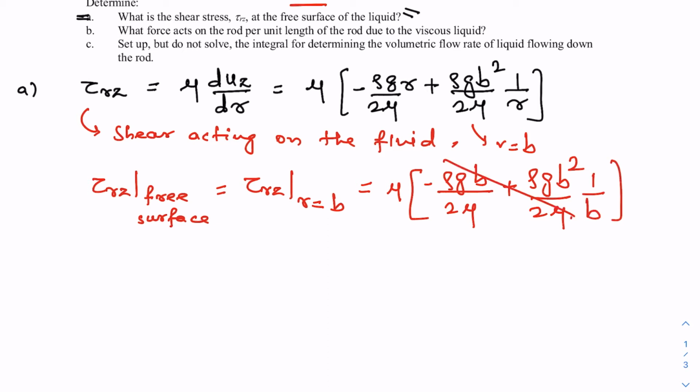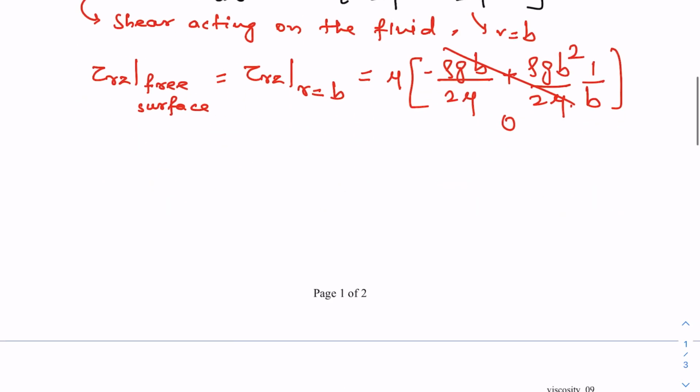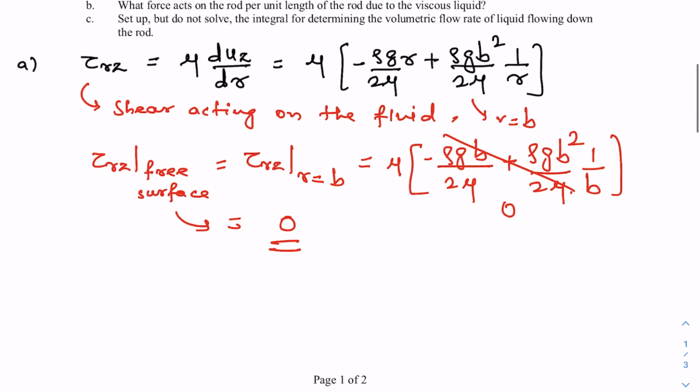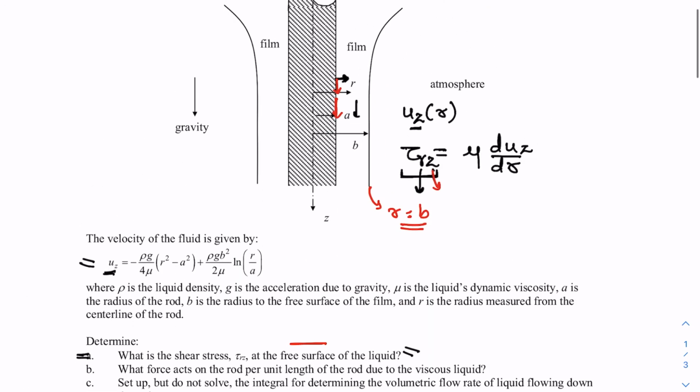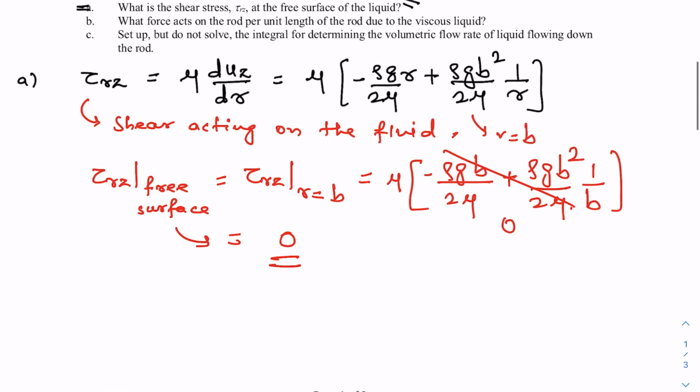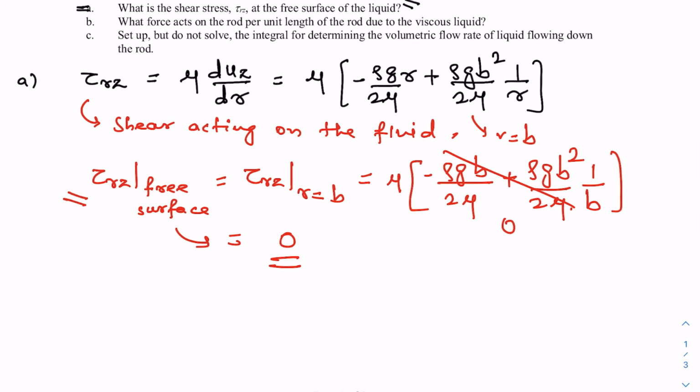So these two terms cancel out, and the stress acting on the free surface is zero. You already know that one of the boundary conditions at a free surface is that the shear stress acting on the free surface is zero. So that's exactly what we are recovering from this calculation.